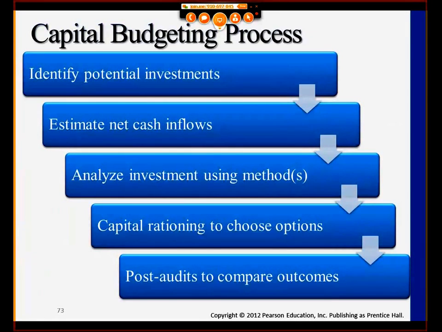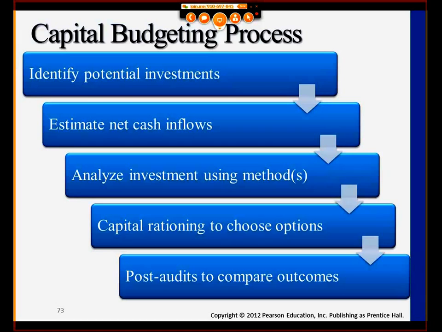So what is the process? Let's look at the process. We have 5 steps here. The first step, we will identify potential investment. So for example, new technology that maybe your competitor is using and you just have to do it to stay competitive. Okay? Something like that. Then 2 and 3 are a little bit tied together.